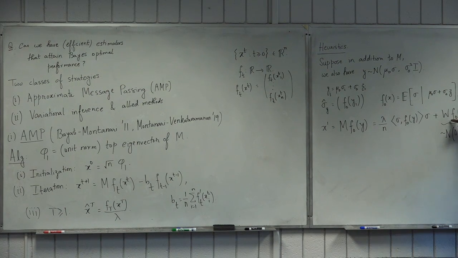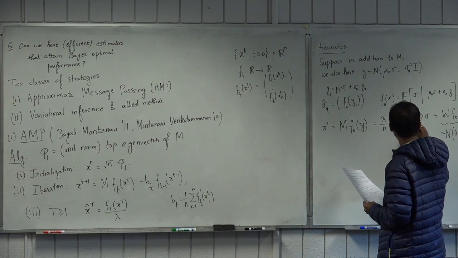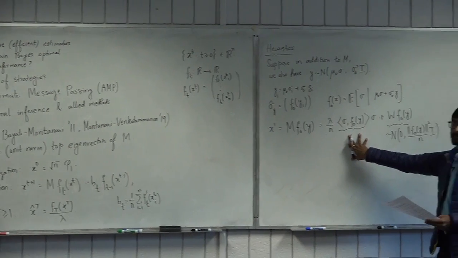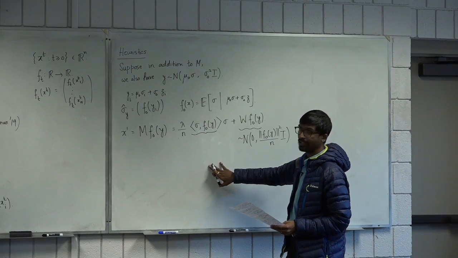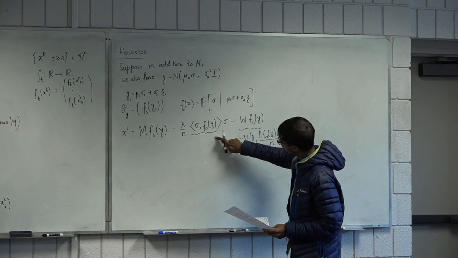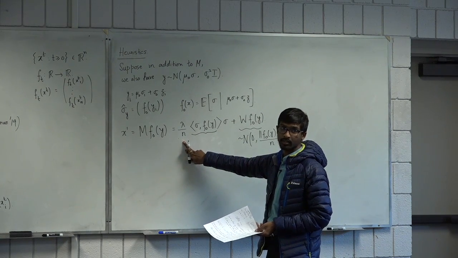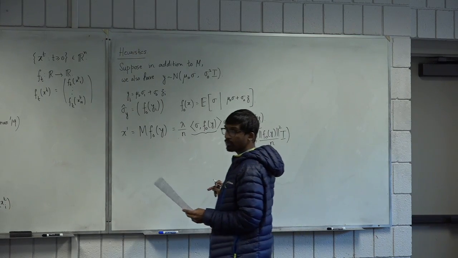That's the distribution of each coordinate in this vector, right? And if you look at this particular term, this is like an IID sum, right? Because sigma i, yi is just a function of sigma i. So if you now divide by n, that's like taking an IID average. So this term will essentially concentrate around a fixed number. Okay?